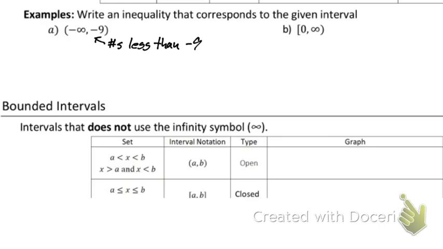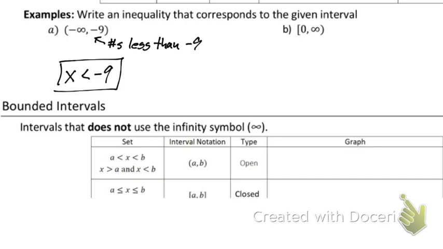So writing an inequality that matches this, we're going to note that as parentheses. That's why we just use less than. We're not doing an equal to sign. So we're just going to say x has to be less than negative 9. And that is my inequality.